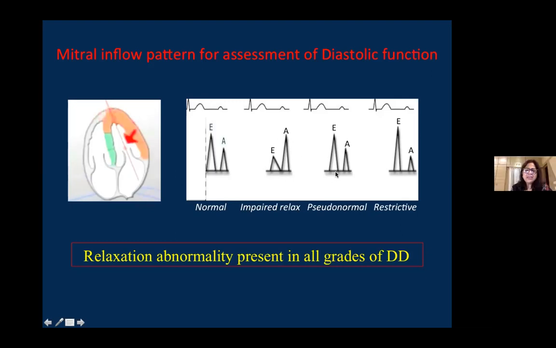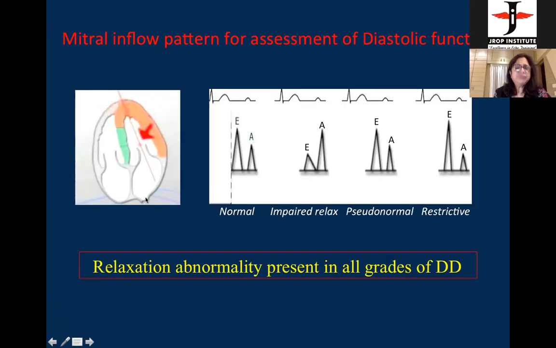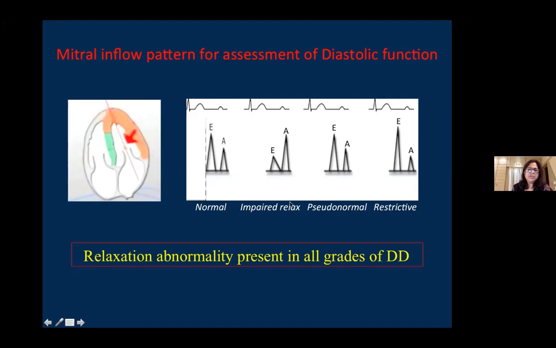Now, as diastolic dysfunction advances further, what happens? The left atrial pressure increases further. At the same time, left ventricle becomes non-compliant. So what will happen? Because of the significant rise of the LA pressure, the difference of pressure is very high.